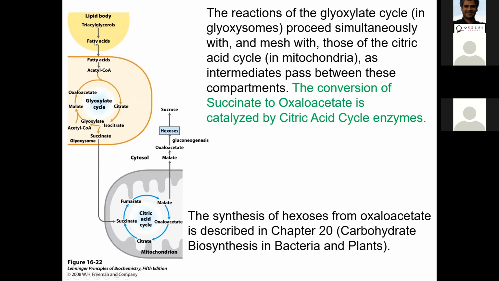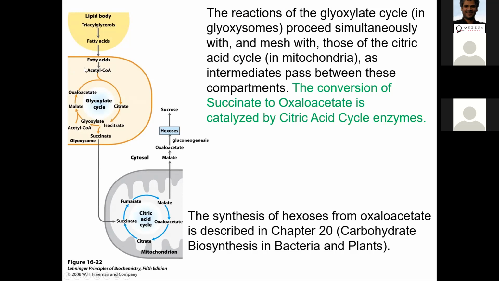Those fatty acids will diffuse into the glyoxysome. The organelle just sits there. There are fatty acid transporters that will bring fatty acids into the glyoxysome. In glyoxysome, fatty acids will be metabolized to acetyl coenzyme A. There are beta oxidation enzymes that exist in glyoxysome, so you'll generate acetyl coenzyme A.